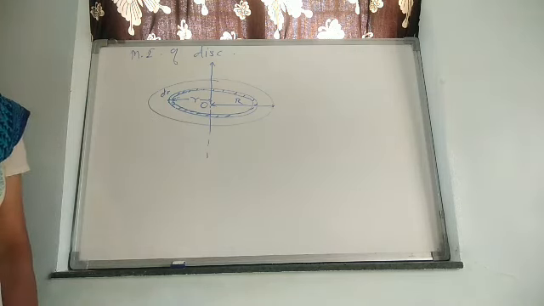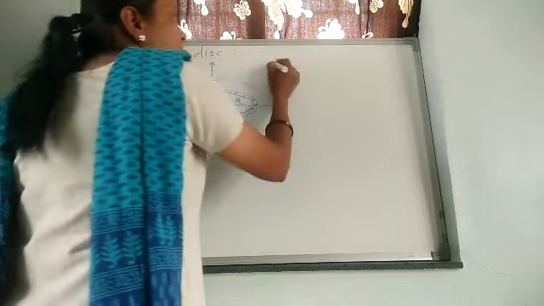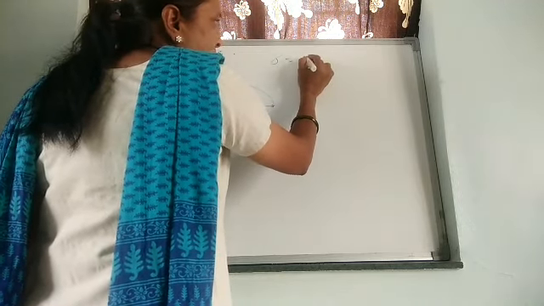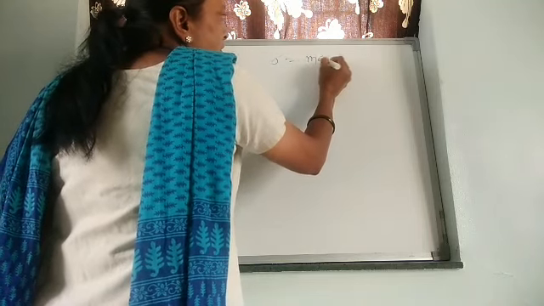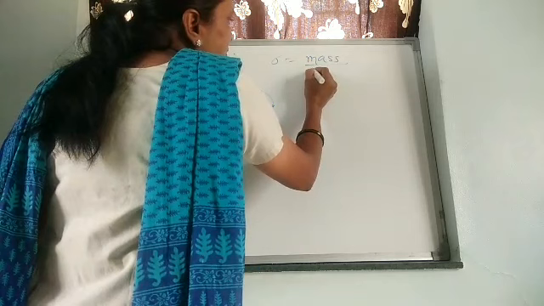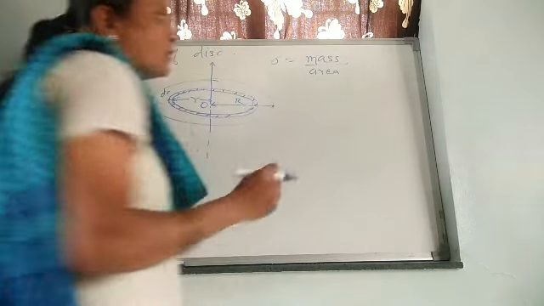When we say that a disk is uniform, that means its sigma, the mass per unit area, that is surface density, remains constant throughout.